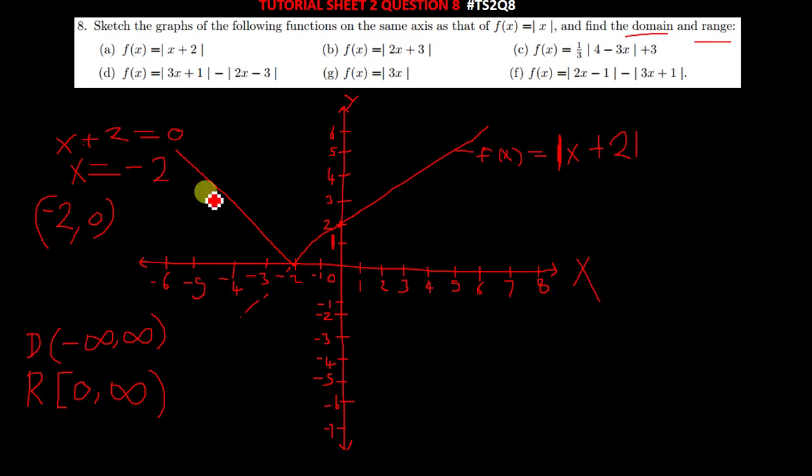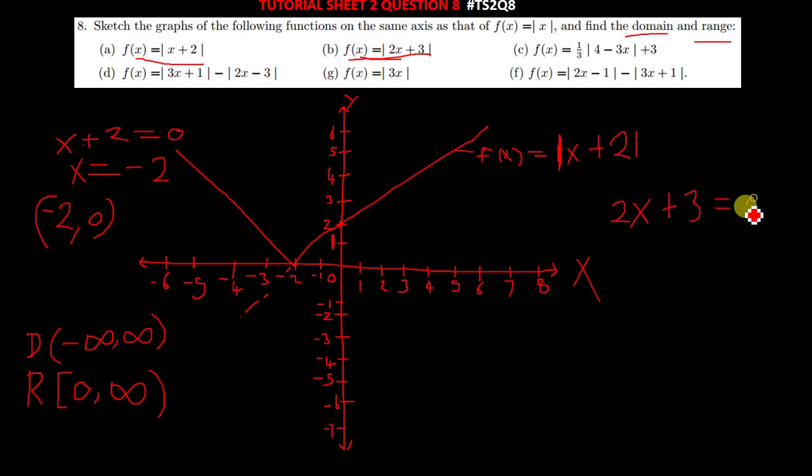So I've solved this first question, and you can see this question is almost the same as this one. The only difference is the turning point of the curve that we're drawing here. This second one, B, is going to turn at the point when you equate 2x plus 3 to 0.